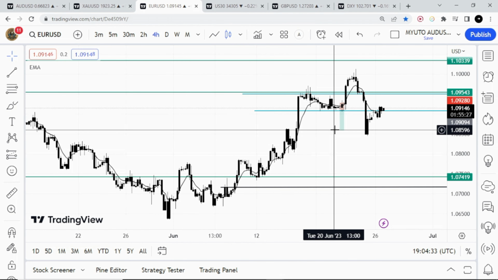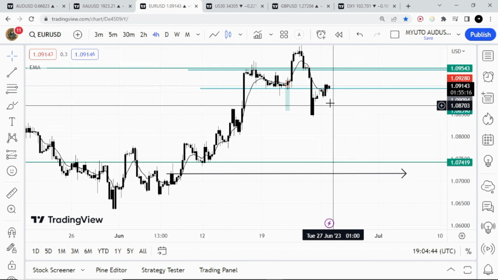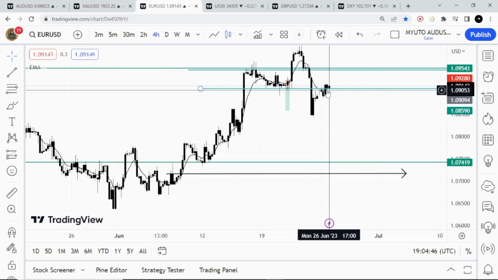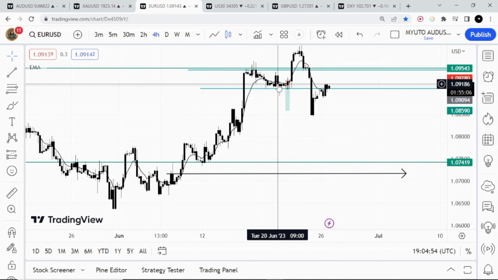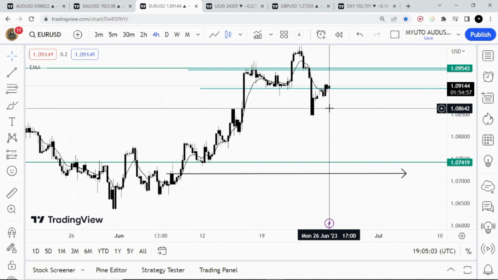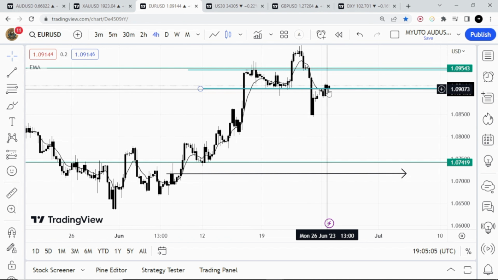Okay, for Euro USD, I'm expecting price to begin to fall from this level here. Current price 1.0914, because we had previous support at this level. So I'm expecting it to be resistance here.